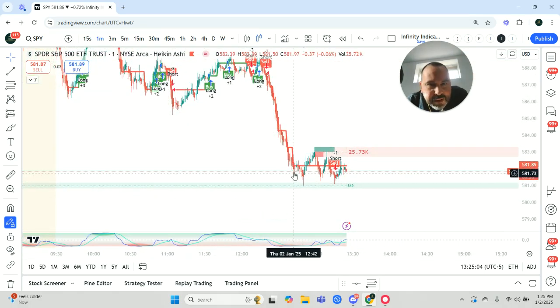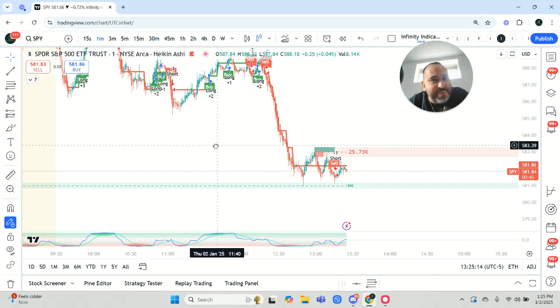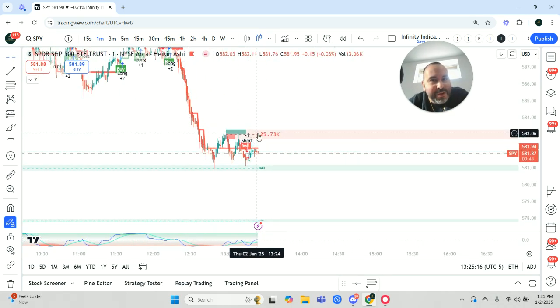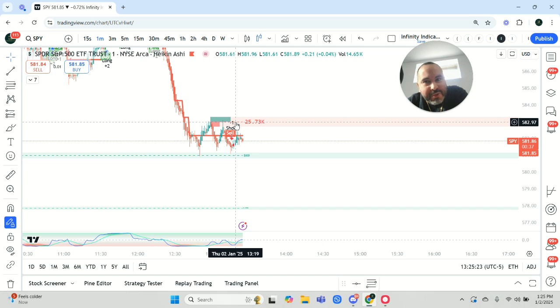Yeah, and this was the bounce that I'm talking about. As you can see, we're holding that 581 area. It's not huge support. And it looks like someone's putting some orders in this 583 area, so that's where I'd look for resistance.